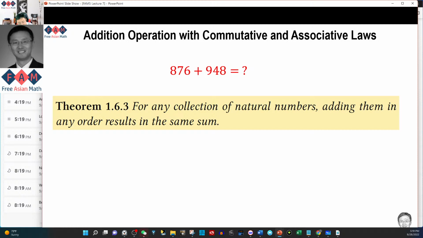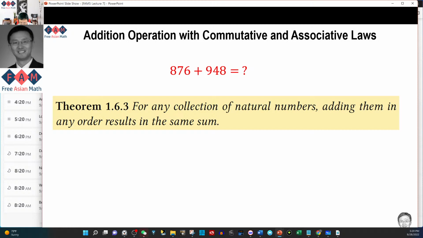And we took pains to give you a more rigorous proof in the homework solution. Do read it if you really want to understand this very deeply, very well. So this theorem is essentially the summarization of how you can use the commutative law and associative law repeatedly and in a very complicated way.